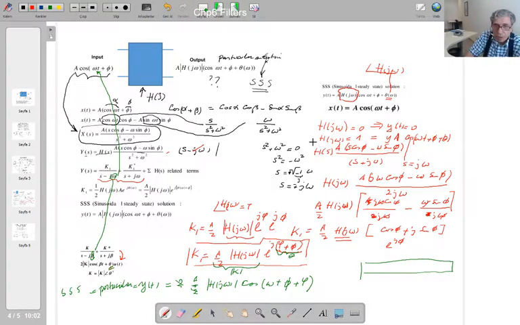So the interpretation of this conclusion tells me that, assume that H(j omega), let me clear an area here.